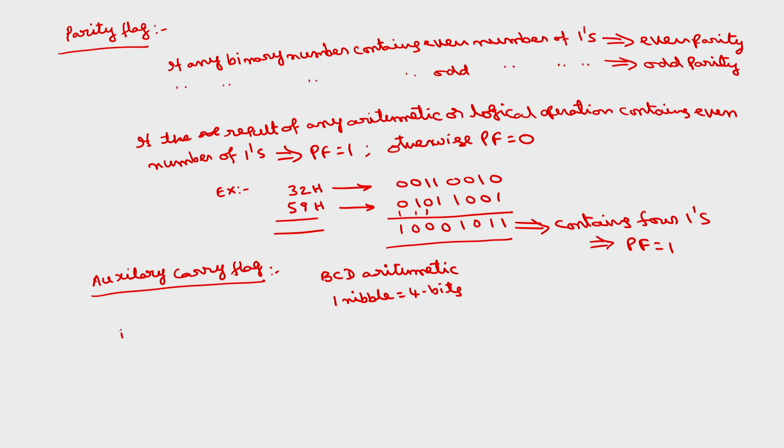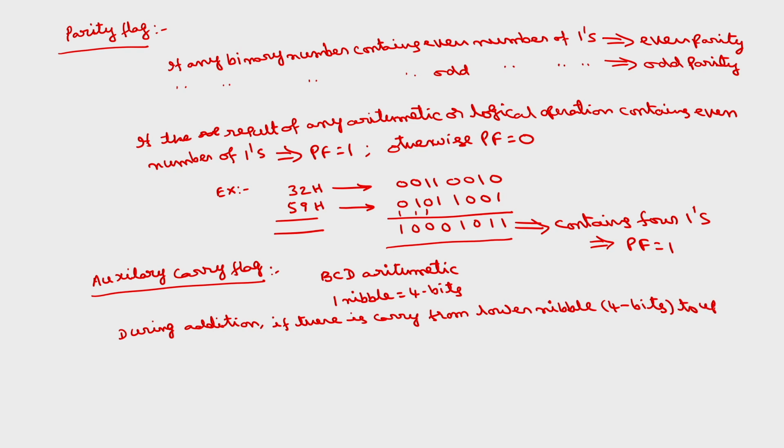during the addition, if there is a carry from the lower nibble, the lower 4 bits, to the upper nibble, the auxiliary carry flag will be set; otherwise it is reset.